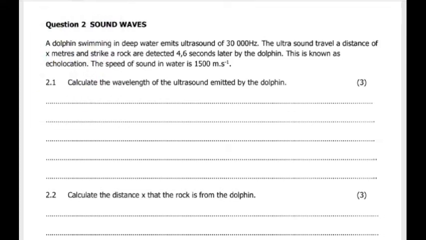Well, we're told in question 2, a dolphin is swimming in deep water and it emits ultrasound of 30,000 hertz. So 30,000 hertz means we have been given the frequency, guys. The unit for frequency is hertz. The ultrasound traveled a distance of x meters, we don't know what the distance is, and is detected 4.6 seconds later.